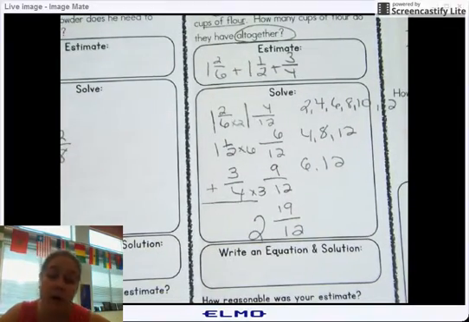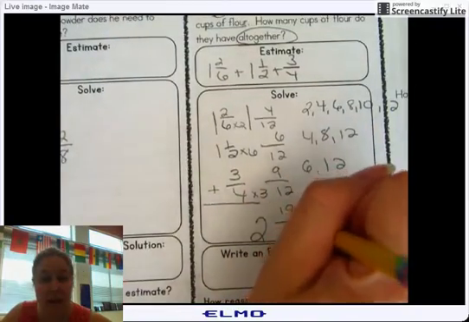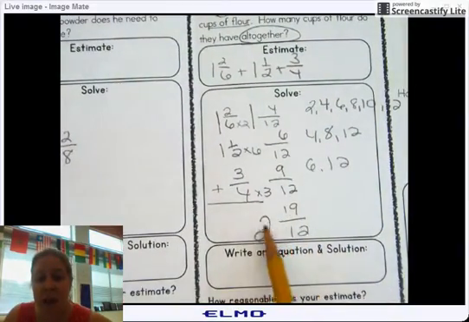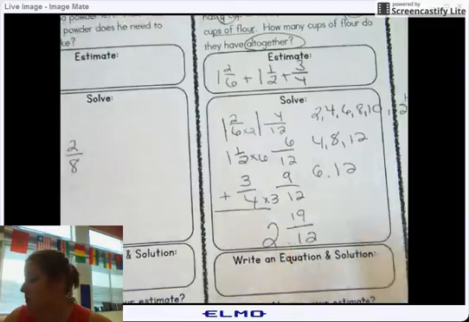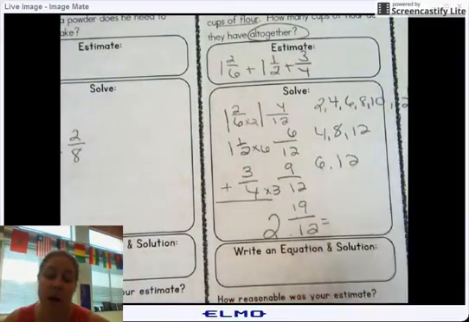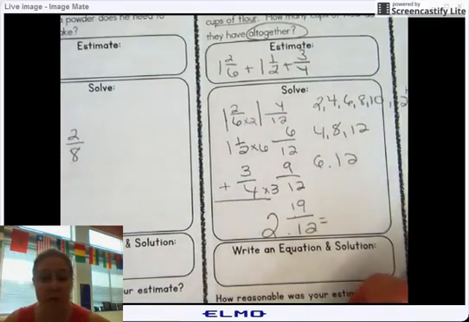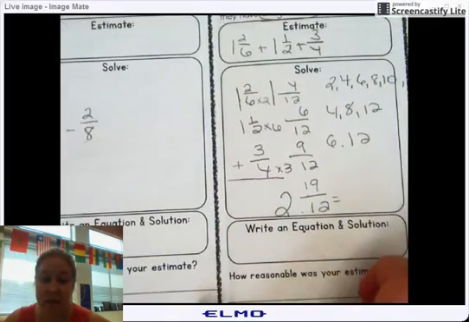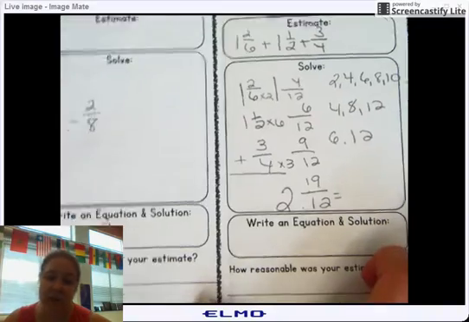Remember, when you are solving the problem, and I did my common denominator here, that 19 12s also has to be changed into a proper number. So go ahead, take a moment, solve the problem, type it into your program over here on your left, and it'll tell you if you're right or wrong.